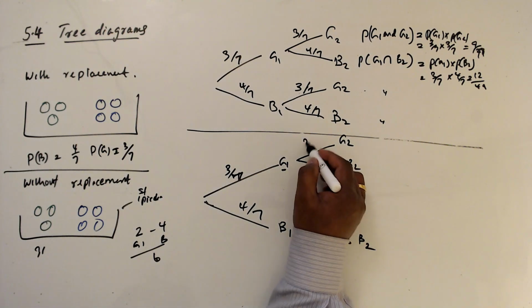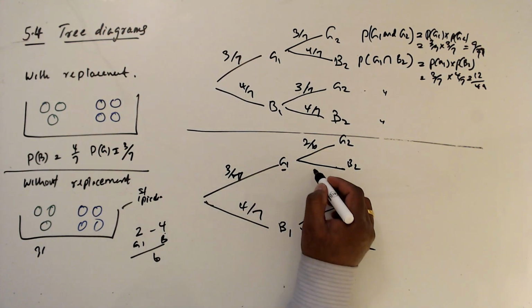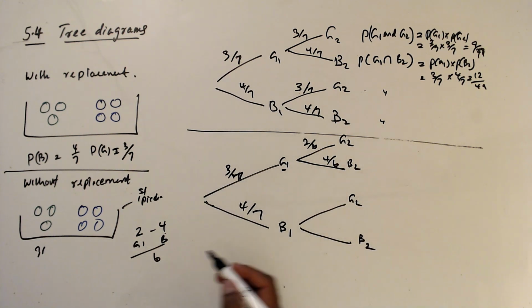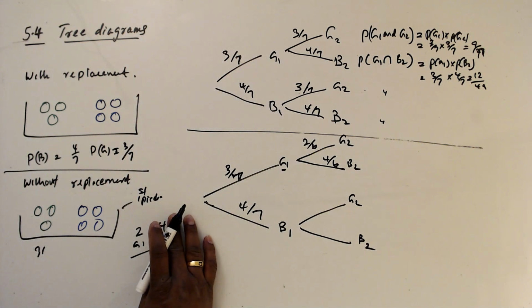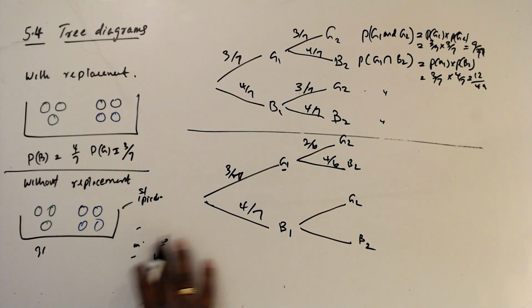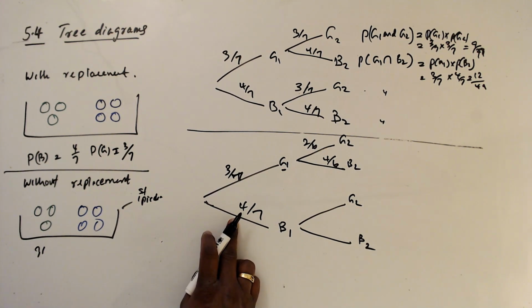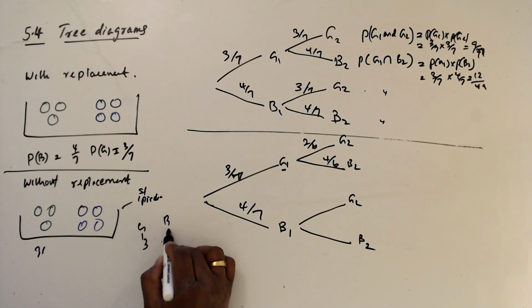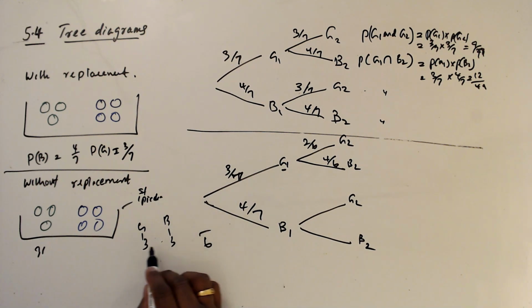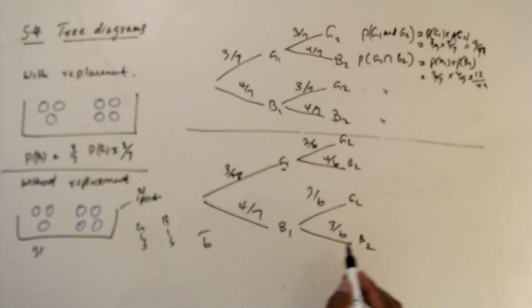Then getting green is 2 out of 6 and getting blue is 4 out of 6. Now it is changing. If you manage to get a blue, then there are only 3 blues, green 3 and blue 3, total still 6. Then getting green is 3 out of 6, getting blue is 3 out of 6.